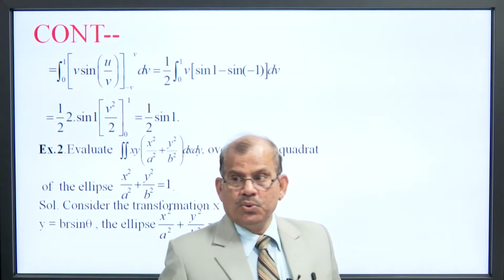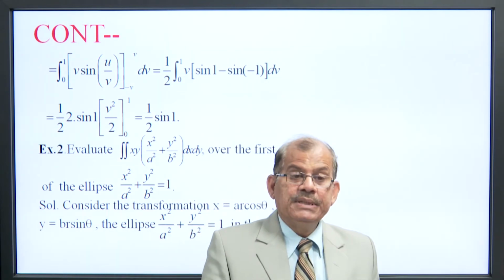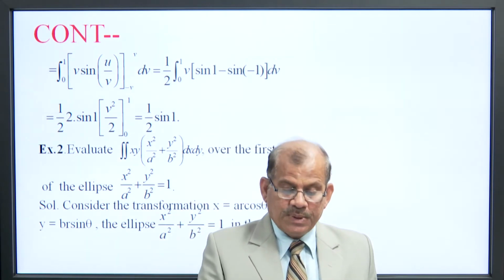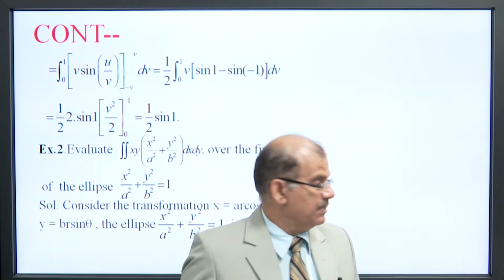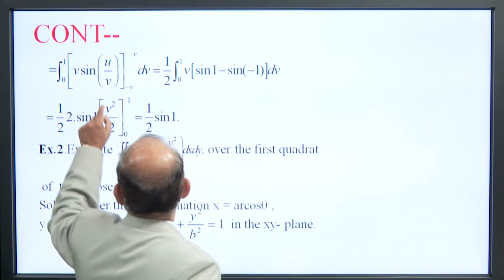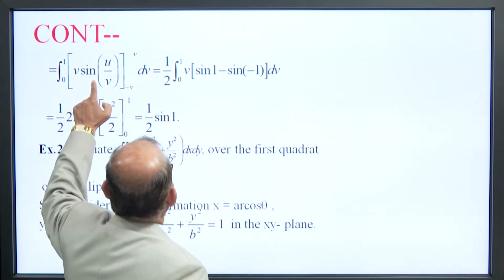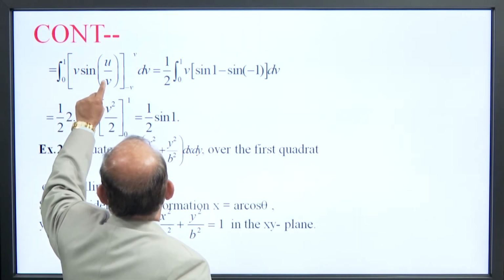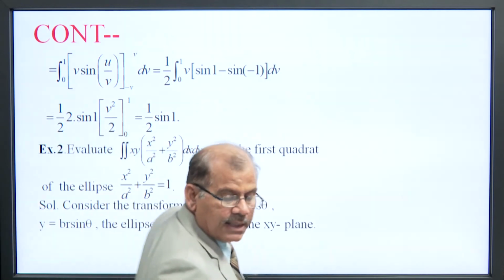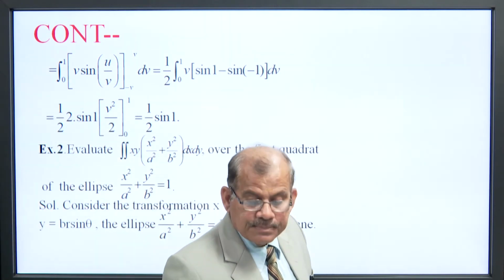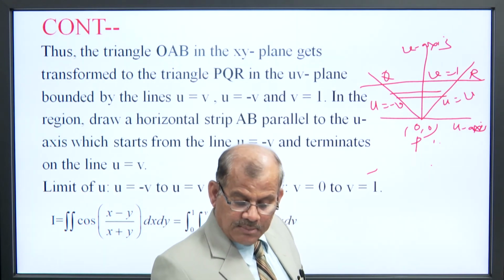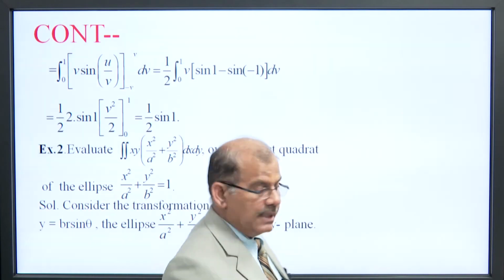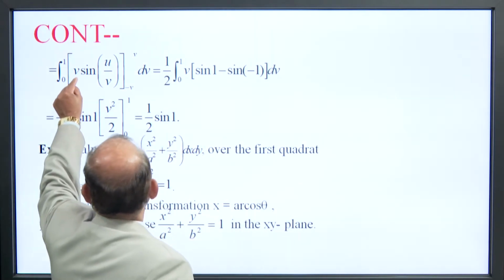Since we have a variable limit, we integrate with respect to u first. With respect to u first means the integral of cos u by v.